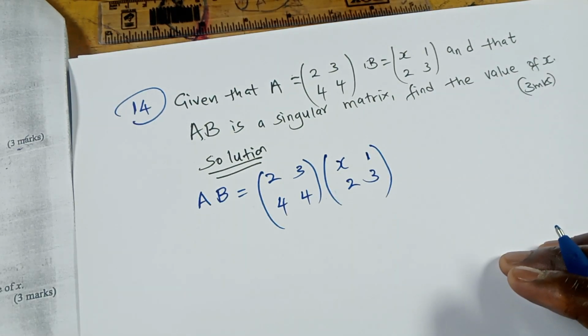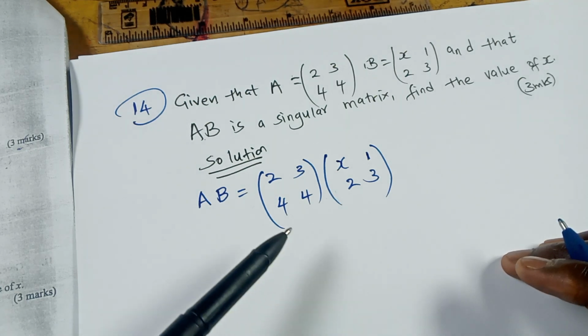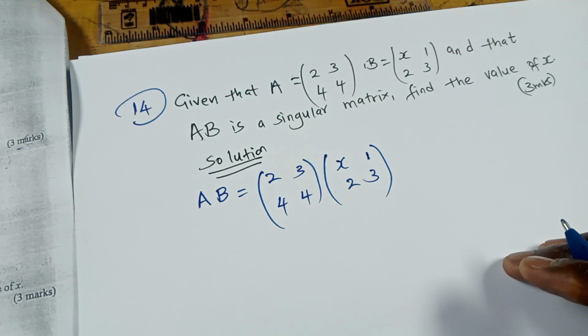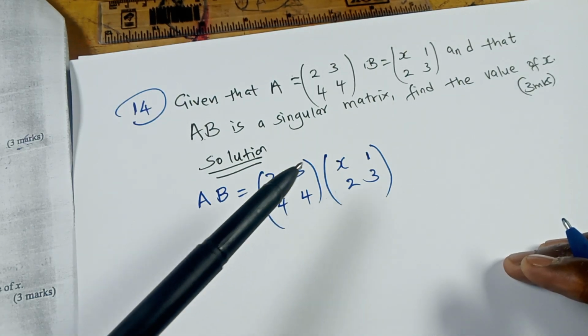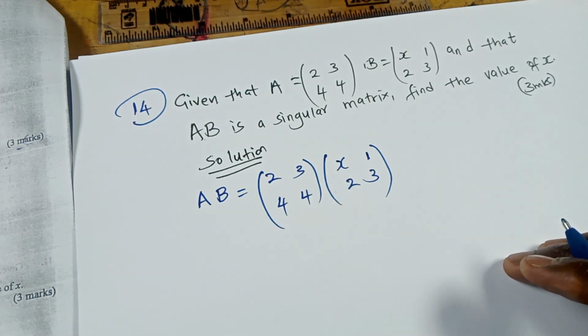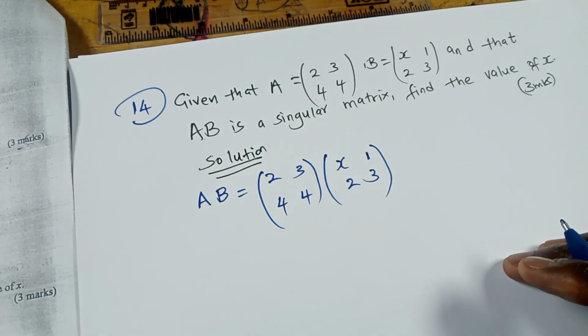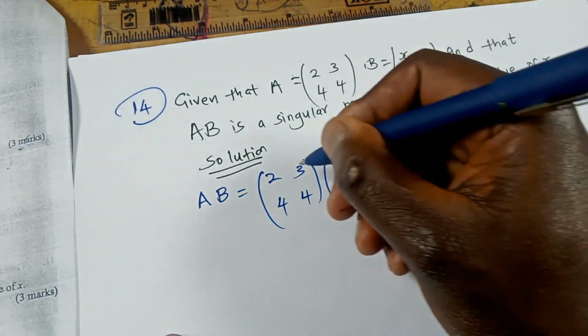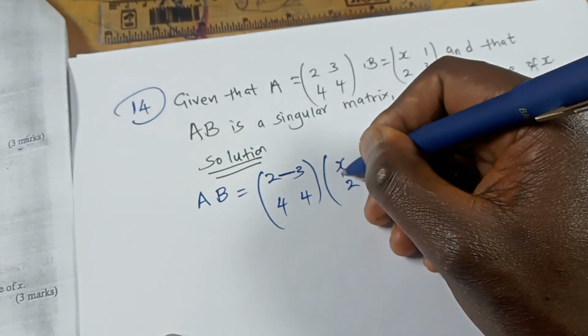So for us to multiply a matrix and a matrix, this is a 2 by 2 matrix with a 2 by 2 matrix. So we can multiply because the number of columns of the first matrix is equal to the number of rows of the second matrix. And for us to multiply, we are going to multiply the first row and the first column.